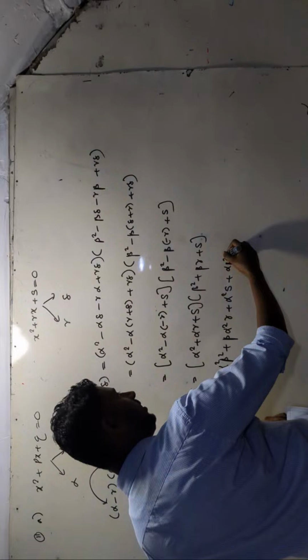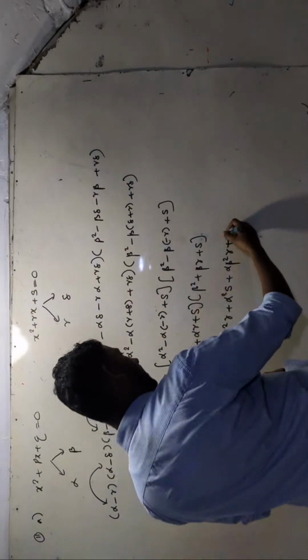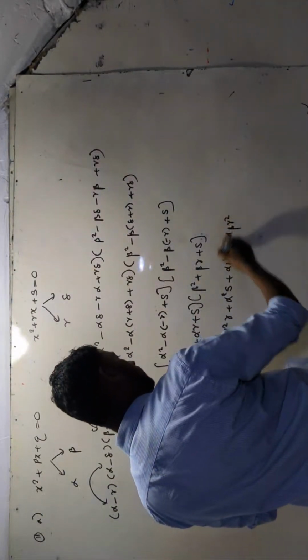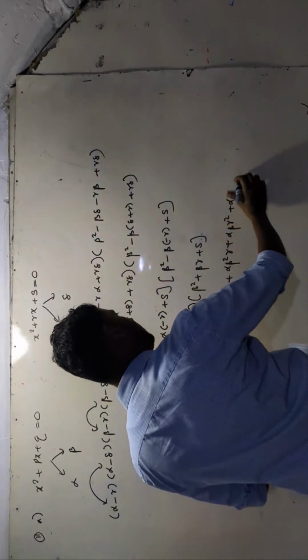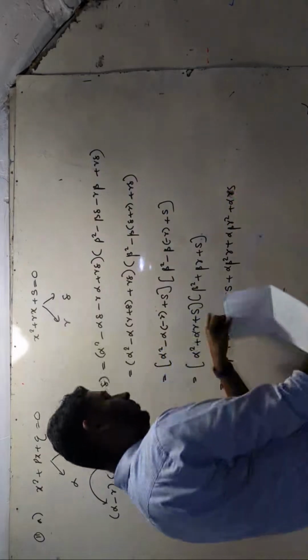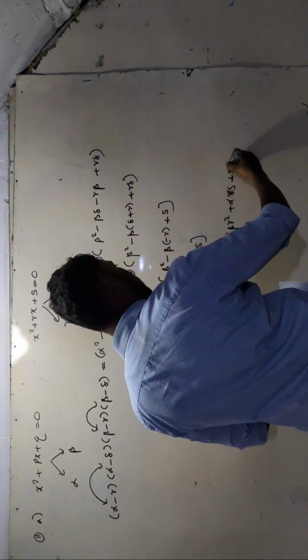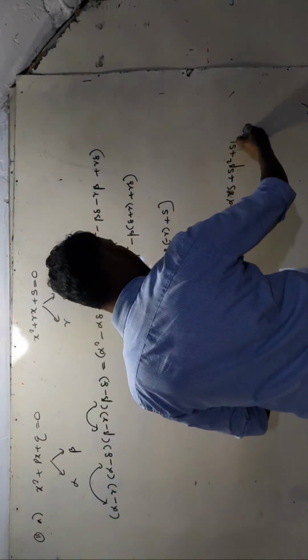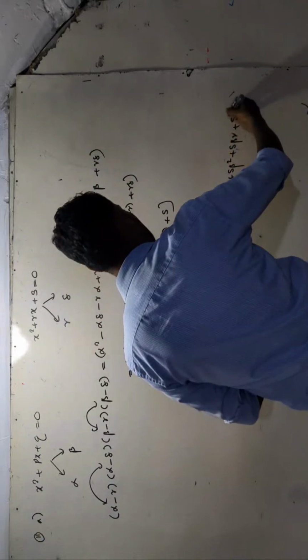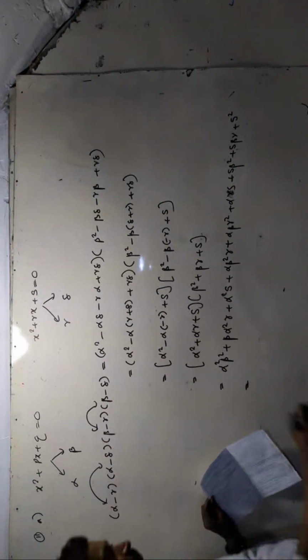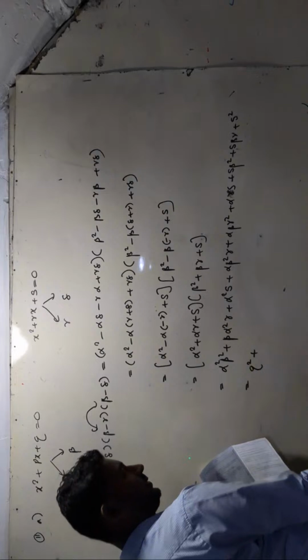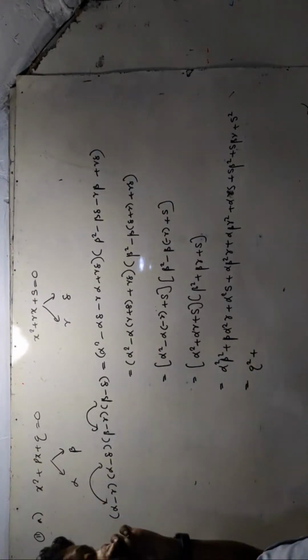Alpha beta squared r, then alpha beta r squared, then alpha r s. One more step: s beta squared, s beta r, and s squared. Again, alpha beta whole squared, alpha beta means q, so q squared. Now let's try to take out the common terms.